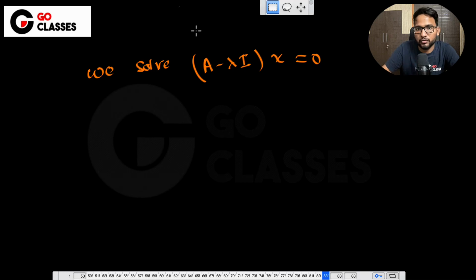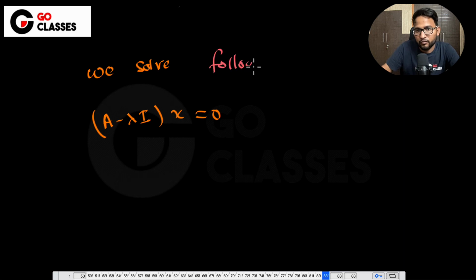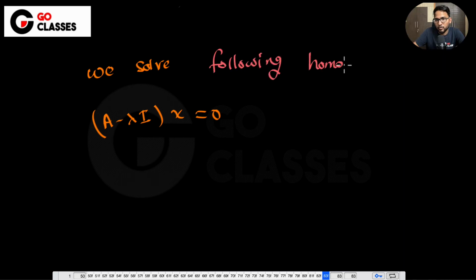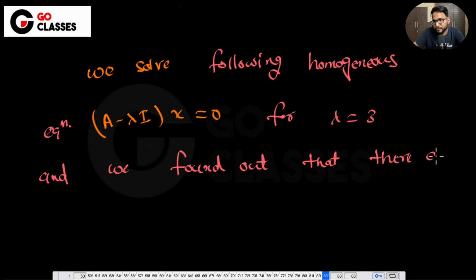We solve this following set of homogeneous equation for lambda equal to 3, and we found out that there are 7 free variables. Let's suppose A is a matrix of 20 cross 20. We found out there are 7 free variables.